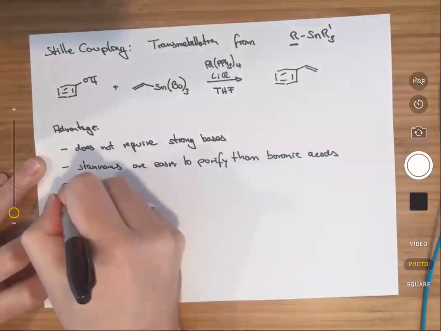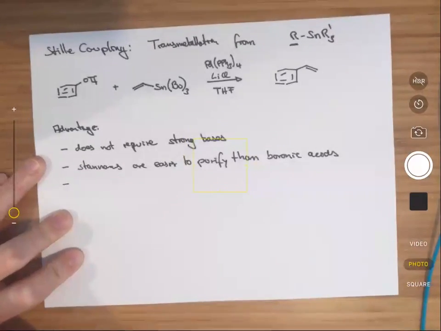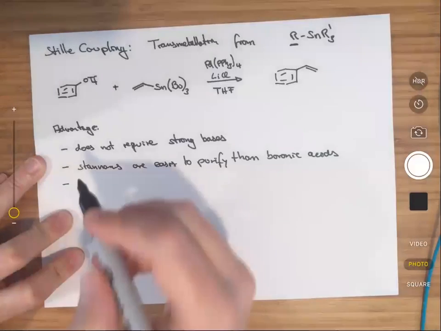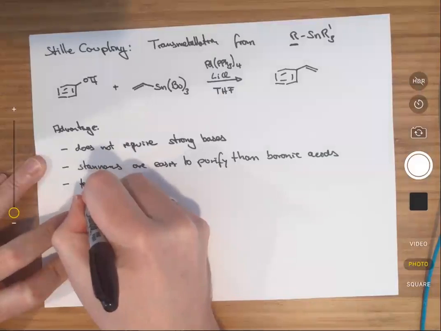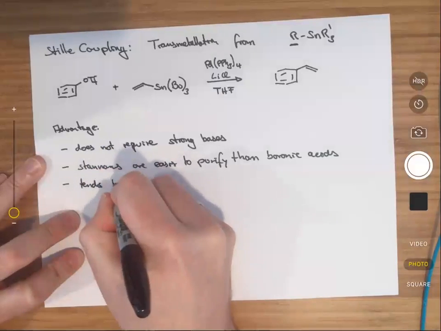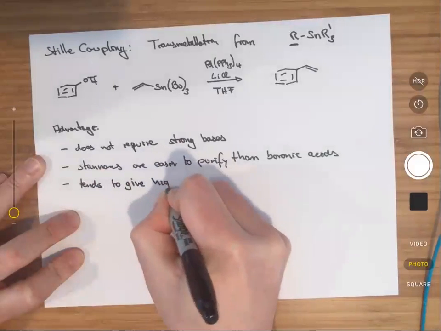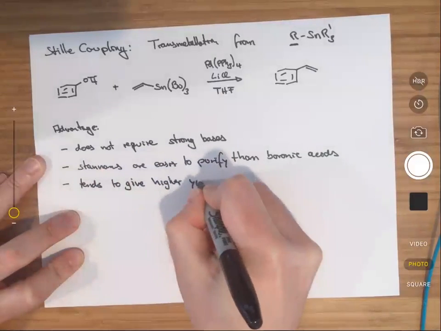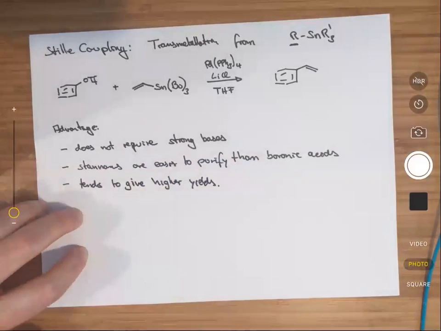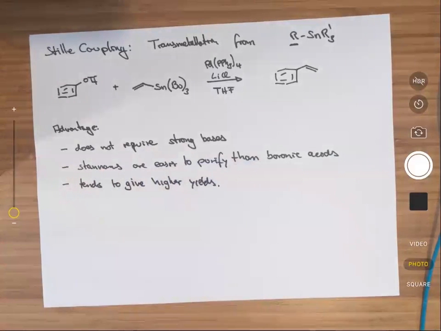And lastly, oftentimes the Stille coupling gives you more reliable and better yields. It tends to give higher yields. Now, the obvious question here is, why the hell do we even use Suzuki reactions if all these advantages essentially point towards the Stille reaction being the system of choice?